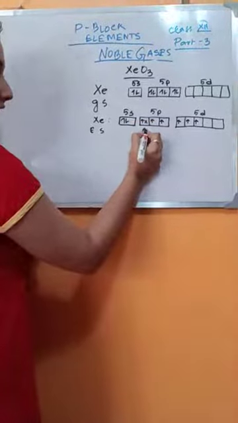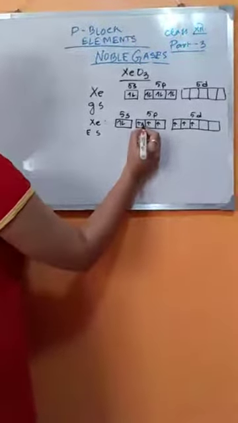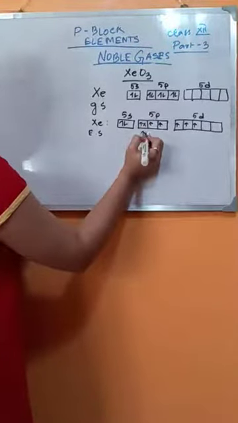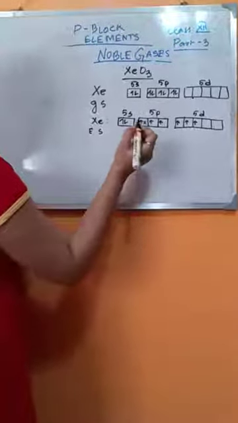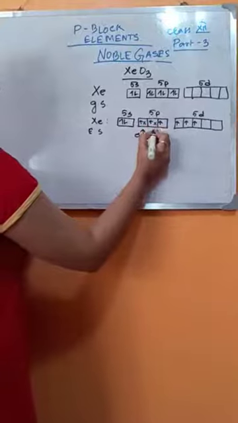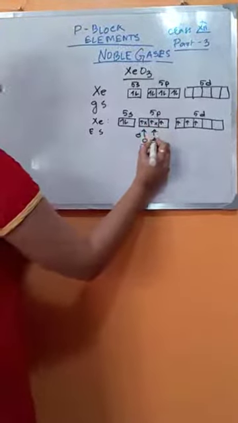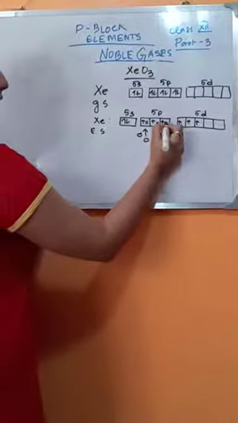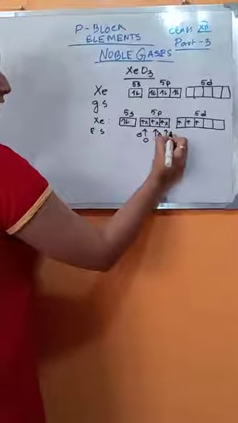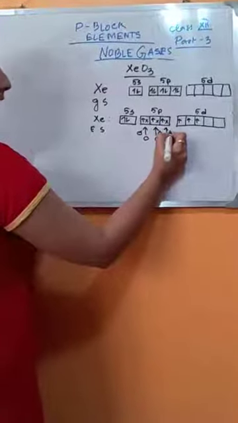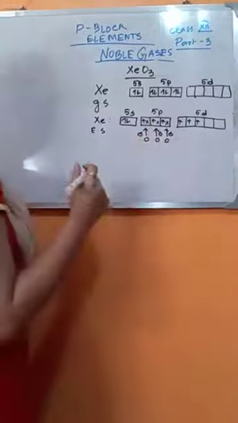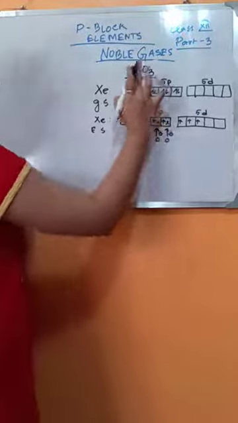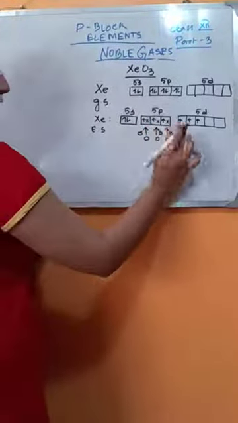One oxygen atom will donate 1 electron and form a p pi sigma bond. The next oxygen atom will form another sigma bond. So all the sigma bonds formed by the 3 oxygen atoms are completed.